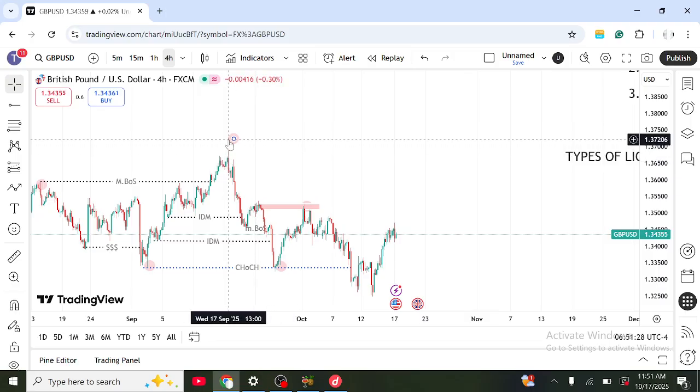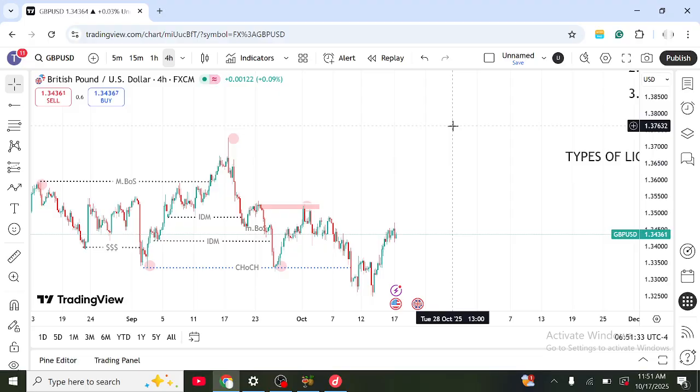And some believe that if price can close above here, it is going to buy. So they have a breakout strategy. So they are going to set their order at 1.37484. Price has not gotten there at the moment, but their order is resting above that high. Do you get the concept now?